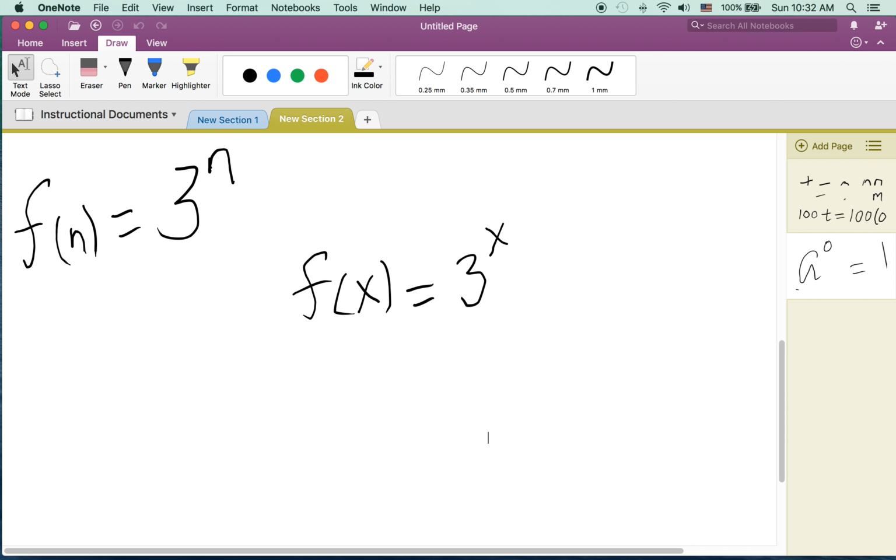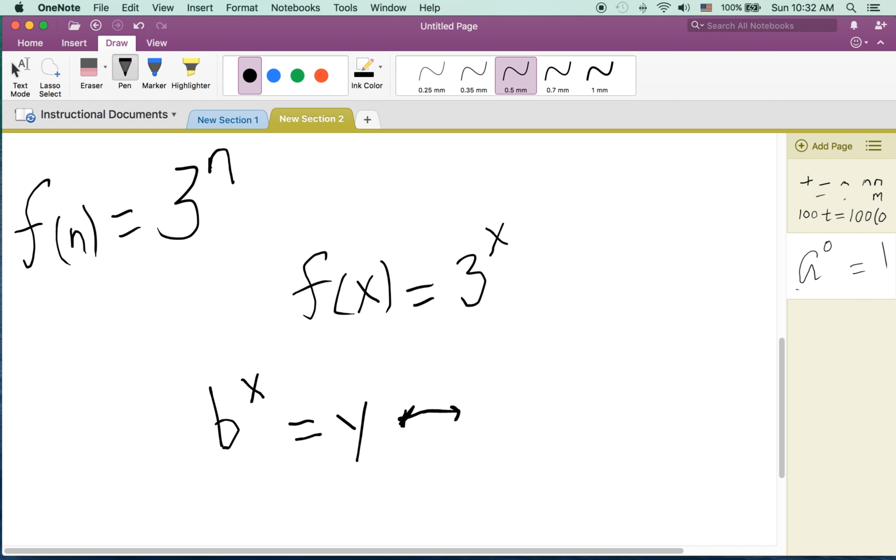On the wall, you'll see a poster that asserts the following. It says something like this. If we have an exponential base b, if b to the x equals y, then we have an equivalent statement.